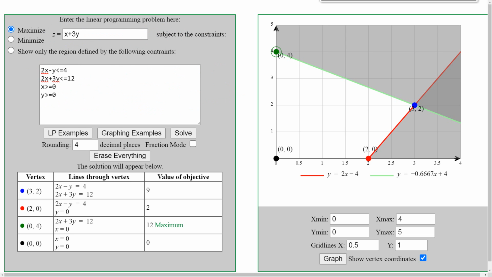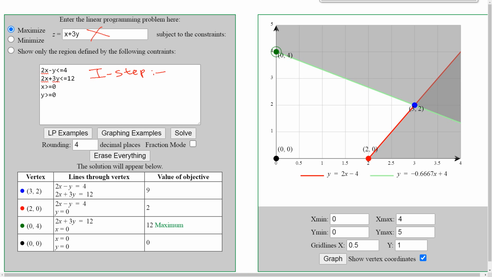So the first step in solving a linear programming problem is to plot lines. How to plot lines? We have already seen. Now which lines to plot? You don't have to plot this line. In fact, you can't plot this line.